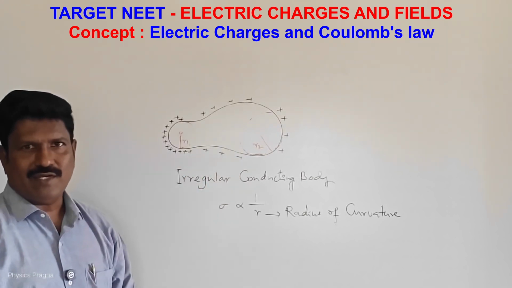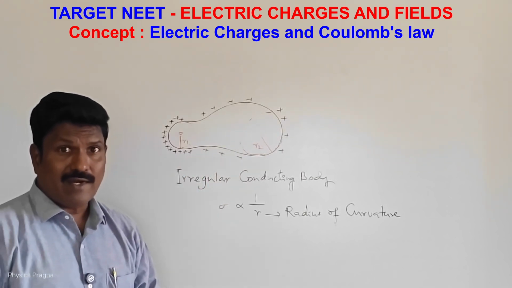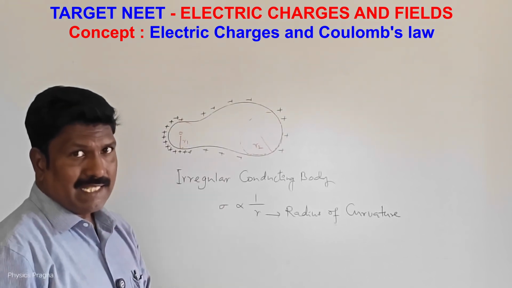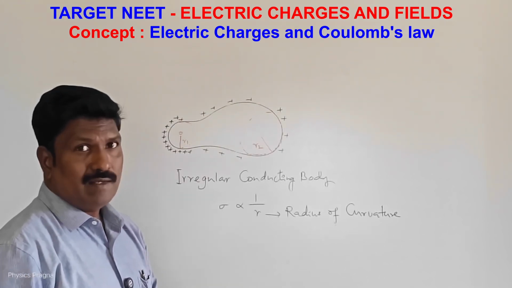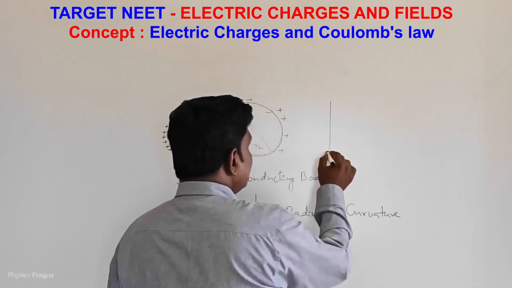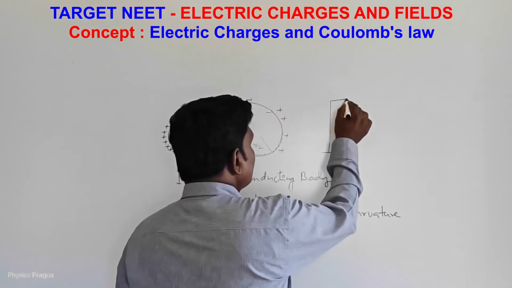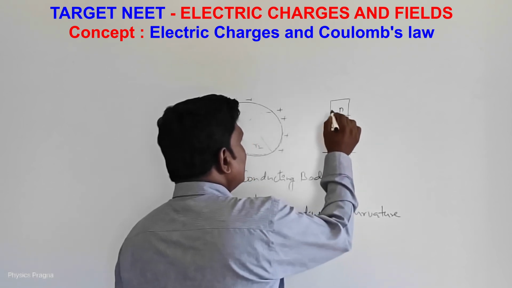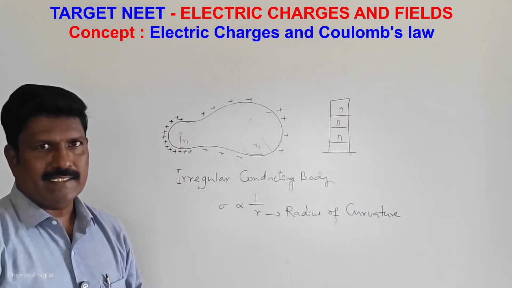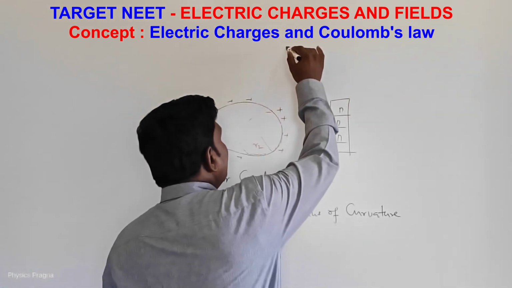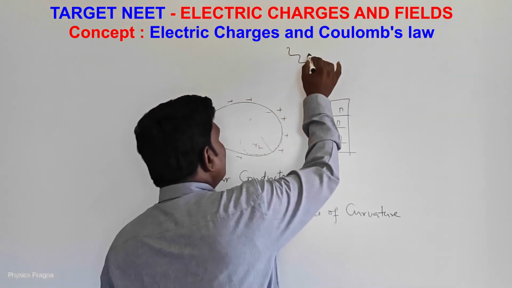This property of charge is used to safeguard skyscrapers from lightning, and even the tops of police stations. Say this is a skyscraper. In the rainy season, sometimes lightning will come, and lightning is full of charge.